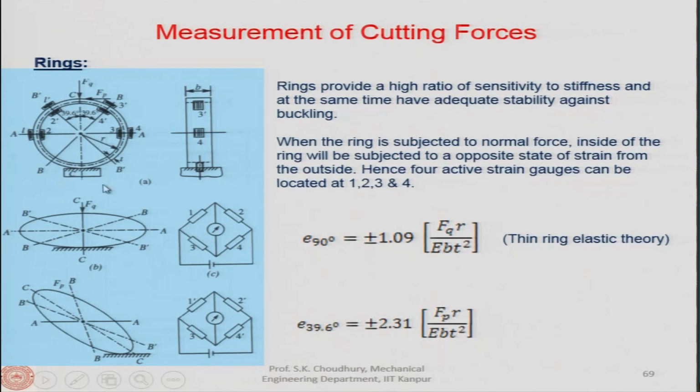Now, here it has been seen from the thin ring elastic theory and the photoelastic studies that the nodes where the maximum strain will occur are at a 90-degree angle and at an angle of 39.6.